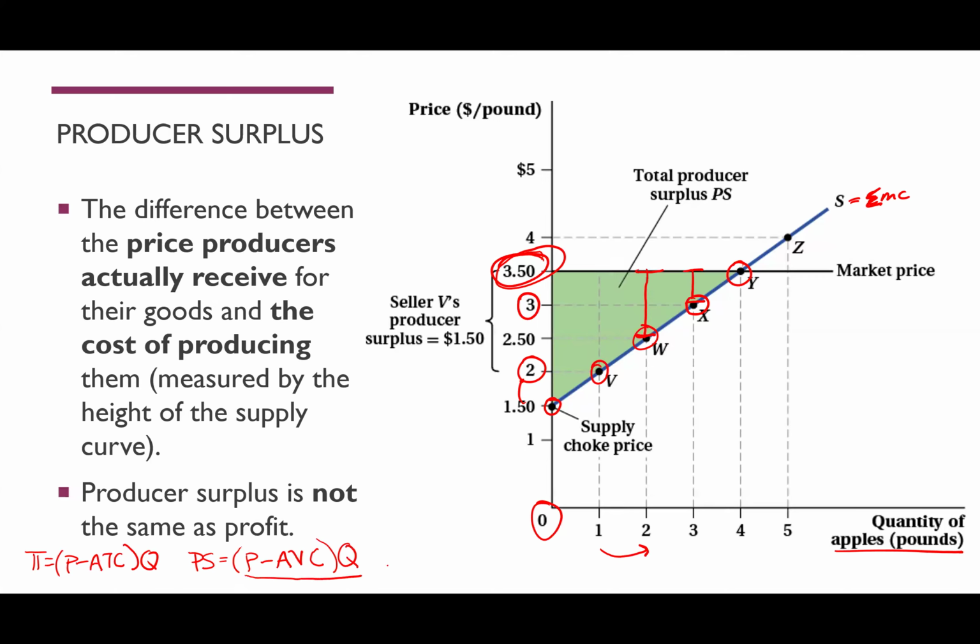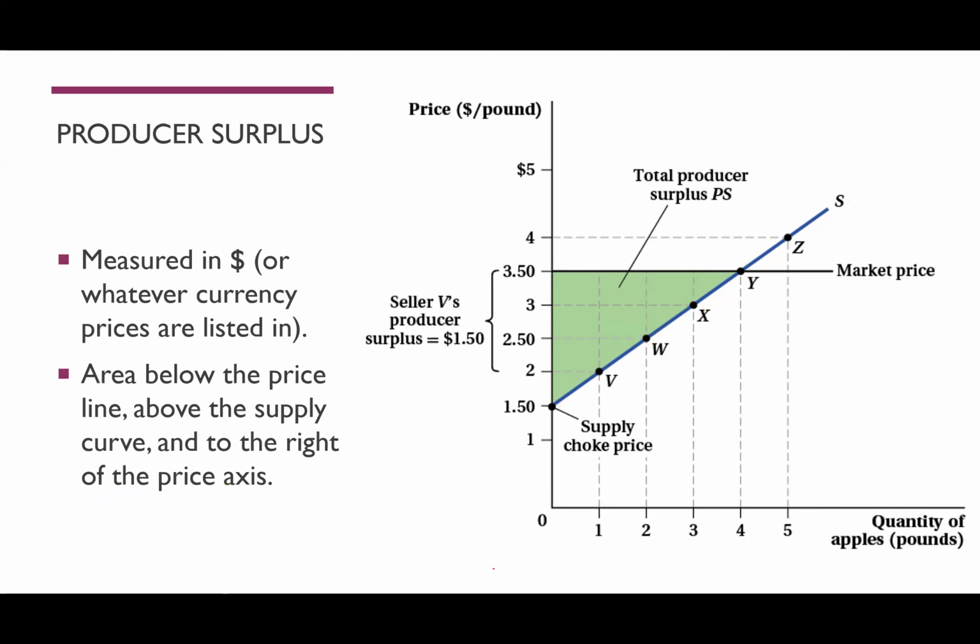So producer surplus excludes fixed costs, whereas profit includes fixed costs. So that's going to be our primary difference between the two values. What this means is that firms will produce when they're making a loss, but they will not produce if they are not earning producer surplus.